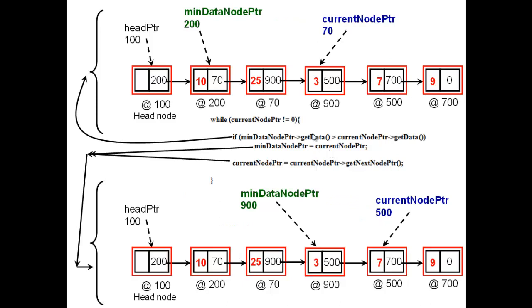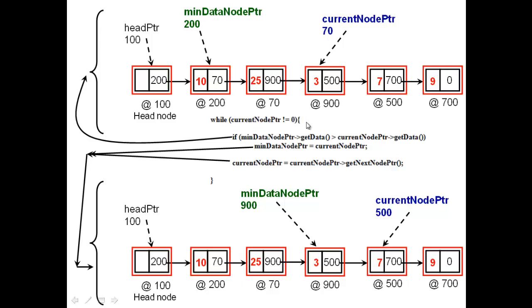So min data node pointer takes up the value 900. And then you come out of the if block and move the current node pointer further down. So current node pointer will now take up the address of the next data node, which is 500. And then continue the loop.